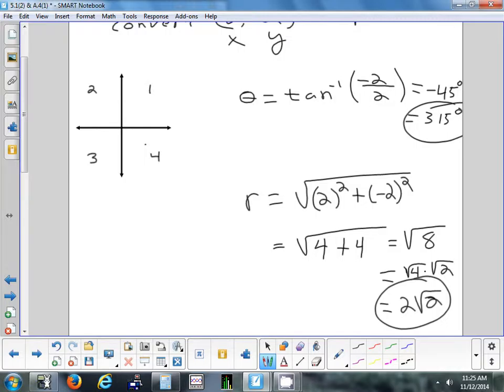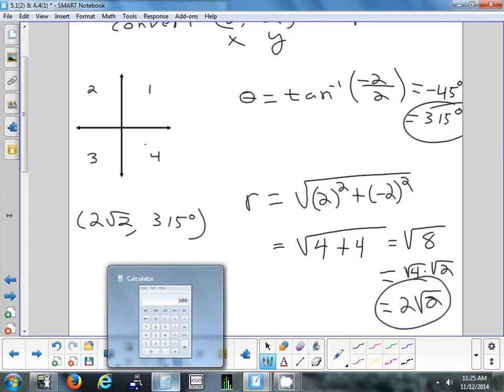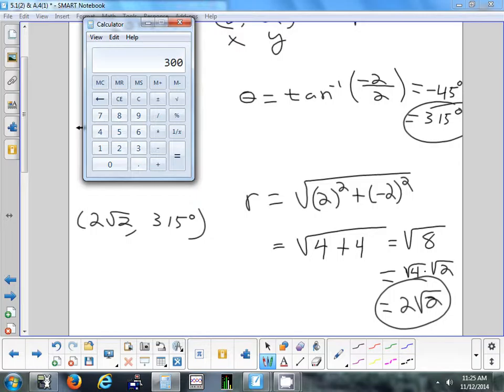Okay, so the exact answer to this problem is 2 root 2. If they wanted a decimal for that, you could just use your calculator and find the square root of 8. It's about 2.83.